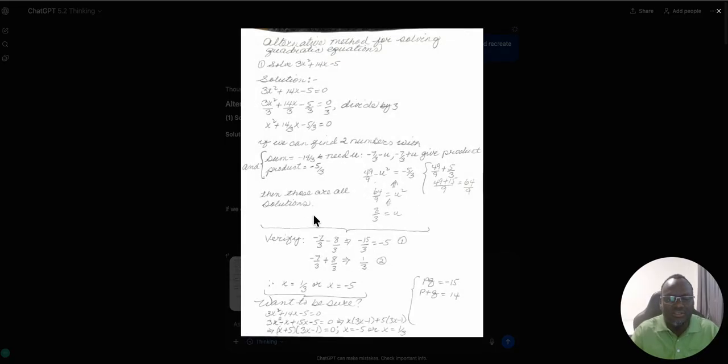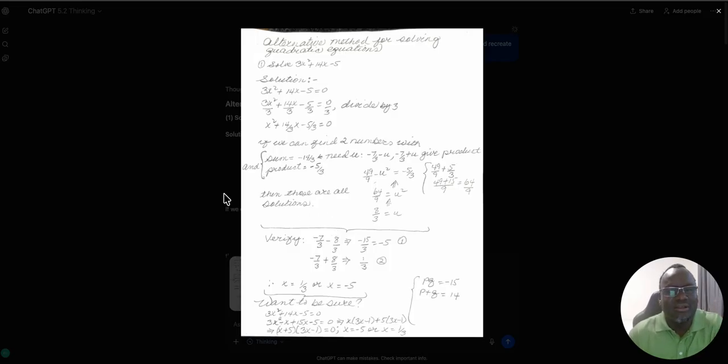I shared it on Facebook, and I asked both ChatGPT and Gemini to analyze this image and extract this information, because I want to be able to share this in a meaningful way.